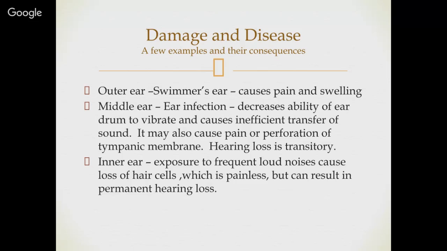Once the sound is sent into the ear, there may be impacted cerumen, which is earwax, or swimmer's ear, which causes inflammation and swelling by too much water getting into the ear. These can impact the flow of that original sound wave coming into the ear and therefore impact the overall ability of the listener to interpret and hear the message.